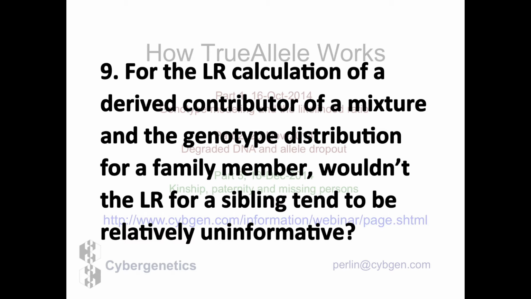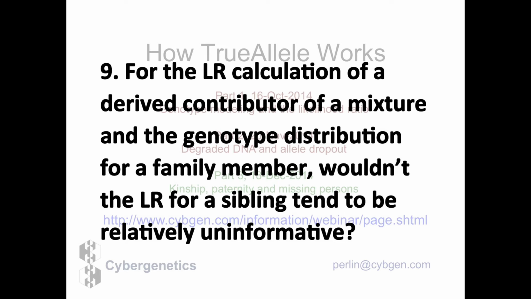The answer is yes and no. It would depend on how strong the inference is from the mixture. And a sibling is twice removed as opposed to a parent. So you would definitely, on average, get less information than with a parent or a child, but you can still get information.